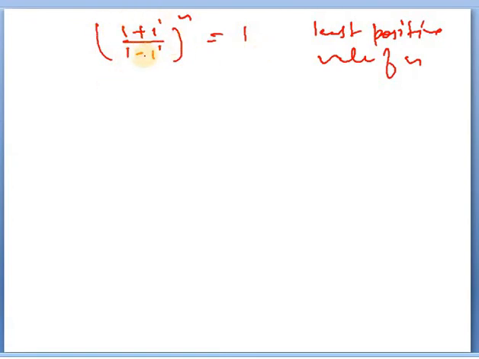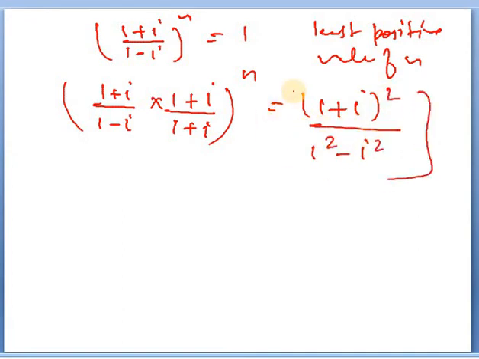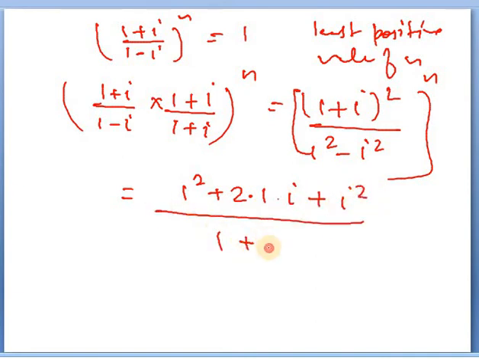First of all, whenever there is an iota in the denominator, we have to rationalize it, right? So we rationalize it like this: (1 + i) whole squared over a squared minus b squared, raised to power n. (a + b) whole squared, we know, is a squared plus 2ab plus i squared, upon 1 + 1, because i squared is minus 1, and minus and minus become plus.